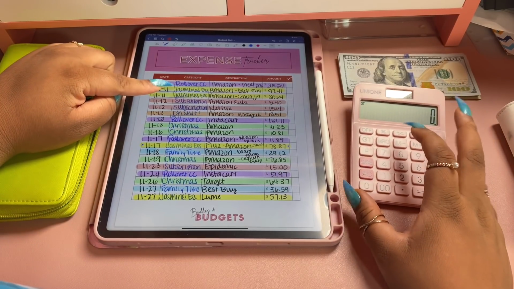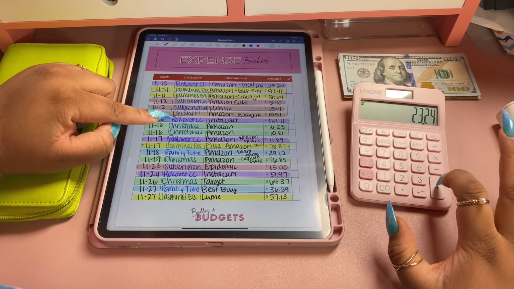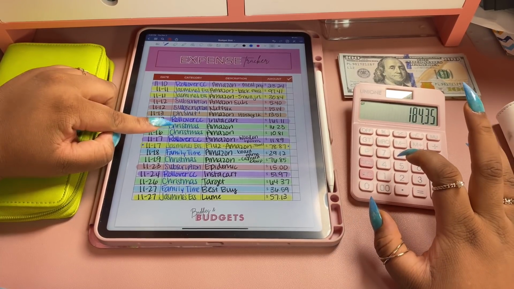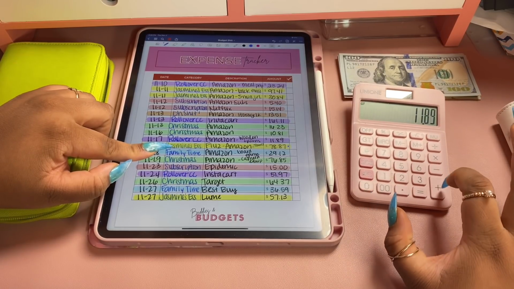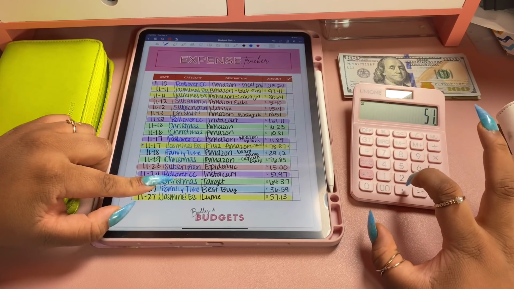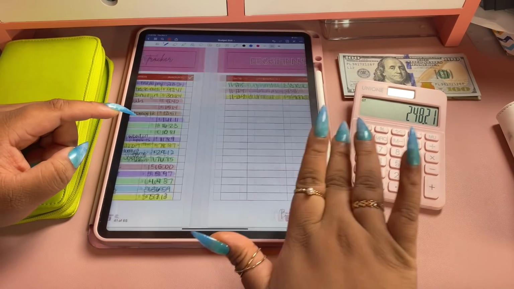So our rollover money, we have 23, 24, 161, 11, 1189, 51, 97, and that's it.